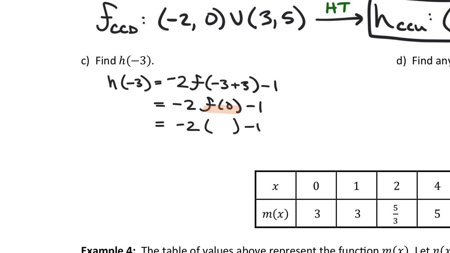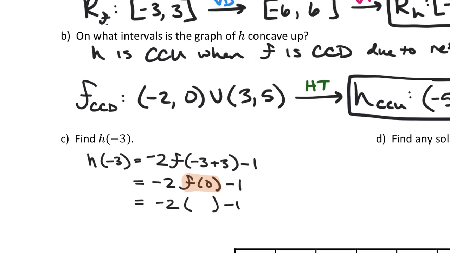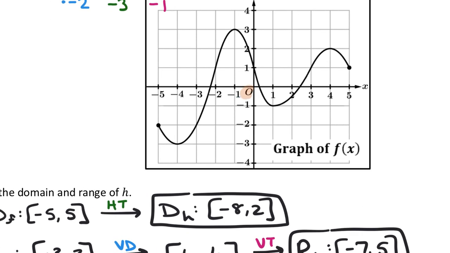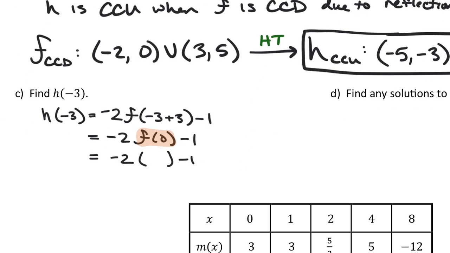When I do F of 0, meaning the input value is 0, what's the output when the input is 0? 1. Because if you go look at the graph, it's equal to 1 when x is 0. So I can go replace that with the number 1. This would be negative 2 minus 1, which is negative 3. Good?